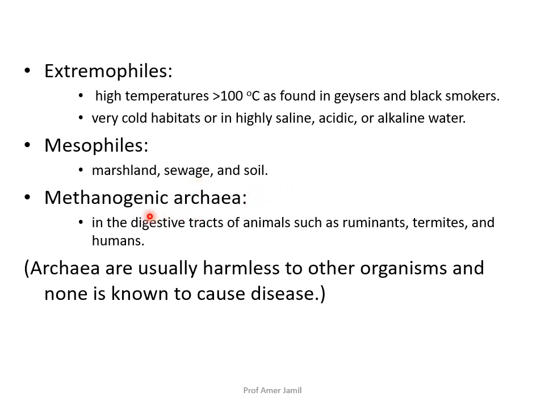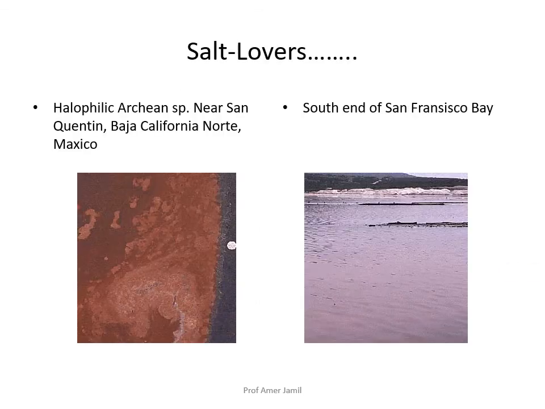Then there are methanogenic archaea, which are present in the digestive tracts of animals such as ruminants, termites, and human beings. Archaea are usually harmless to other organisms and non-pathogenic. Halophilic, salt-loving archaeal species exist near San Quentin, Baja California, Mexico, and similarly at the south end of San Francisco Bay, in high salt levels.